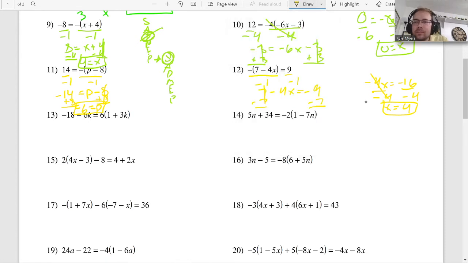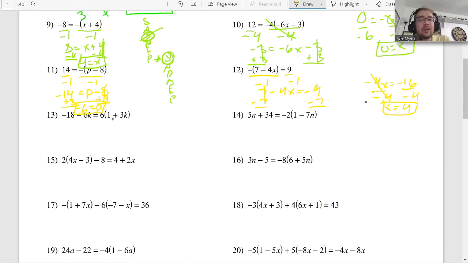Next one. I kind of drew over it a little bit, but that says -18 minus 6k equals 6 times 1 plus 3k. Now, in the past, we've divided by the number in front of the parentheses. We can actually do that here, because 18 and 6 both divide by 6. But you have to be really careful here, because it's a little more complicated.